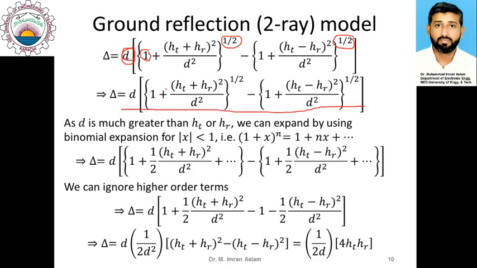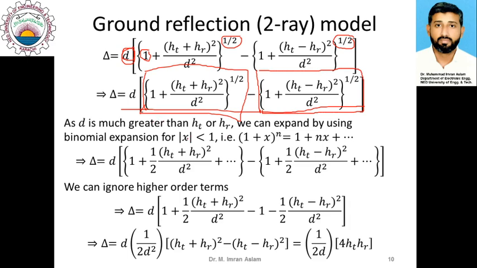You can expect that this value is actually representing two binomial expansions. This part is one binomial expansion, and the second part, this one, is also representing another binomial expansion.